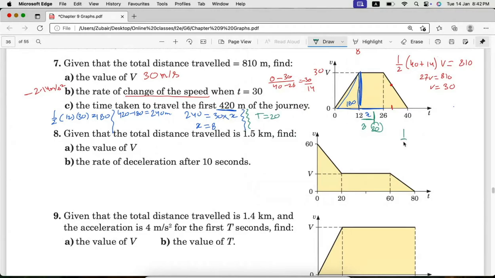Just a cross check. 1 by 2 into the sum of parallel sides, this is 20. And if that is 20, from 12 to 20, we have 8 into height 30. Check, what do you get? Yes, 420. 420.